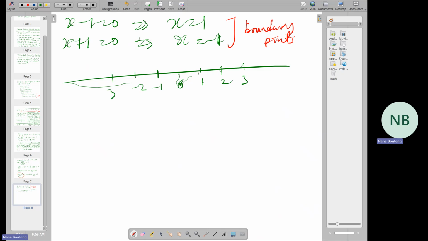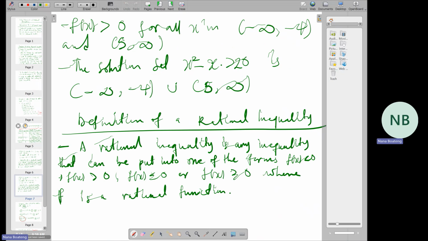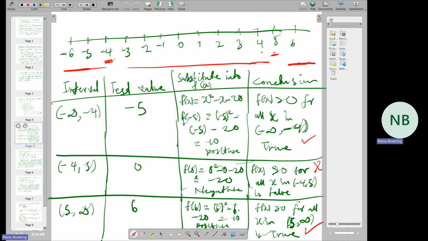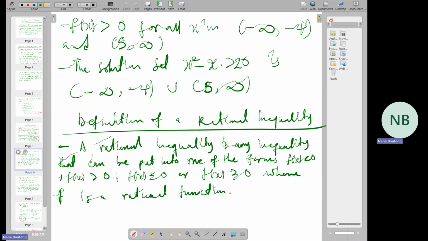I think I forgot to do one thing in the previous problem, which is to graph the solution set on the number line. So let's try to do that. In the previous example, we found the solution, and we should have graphed it on the number line.